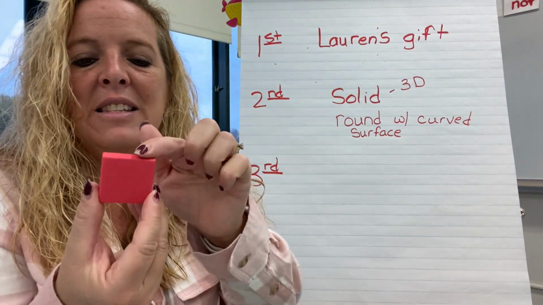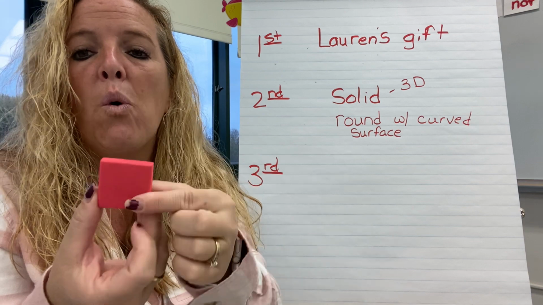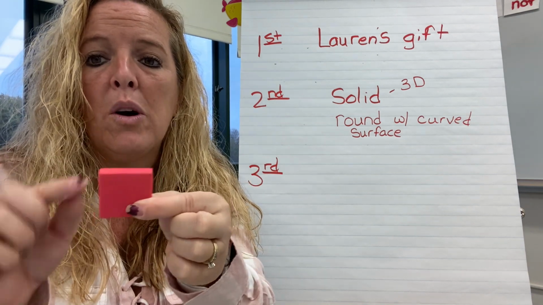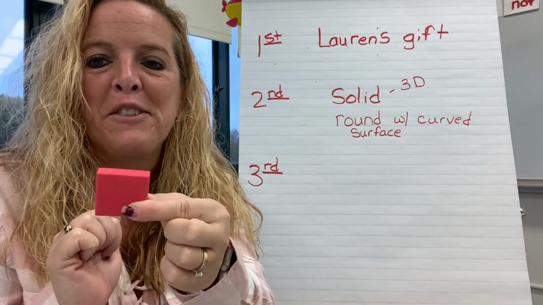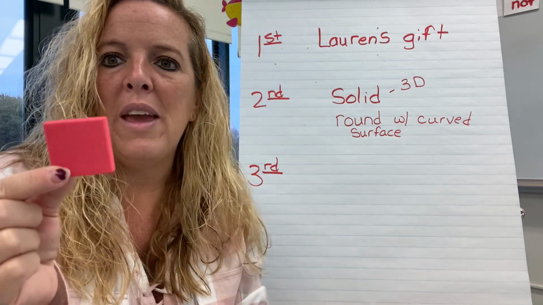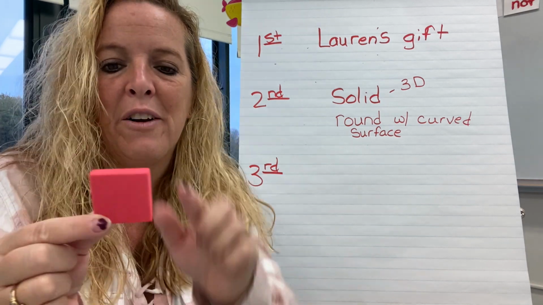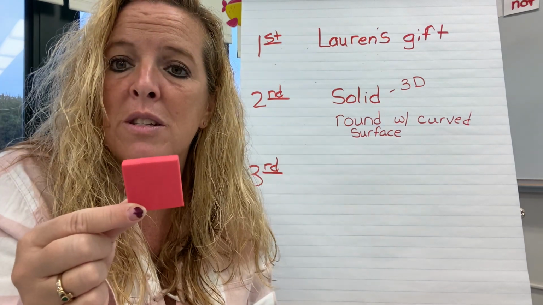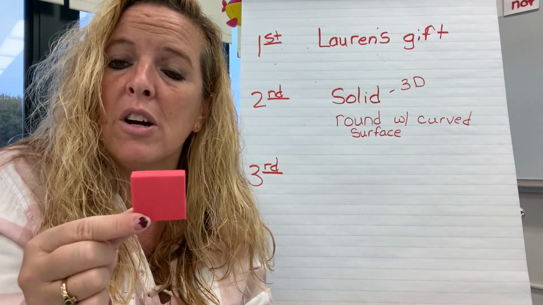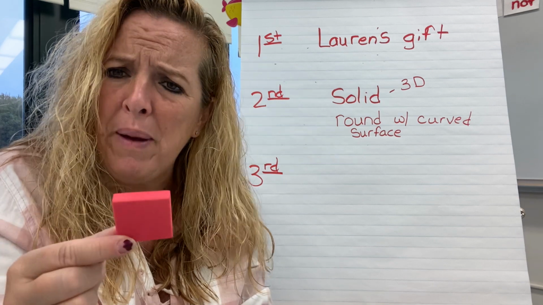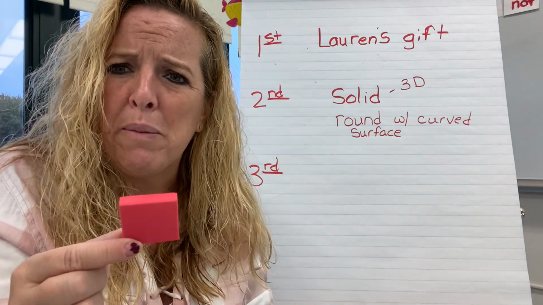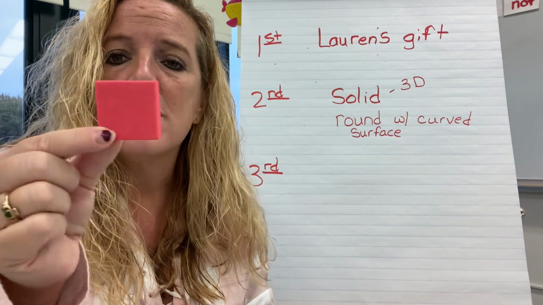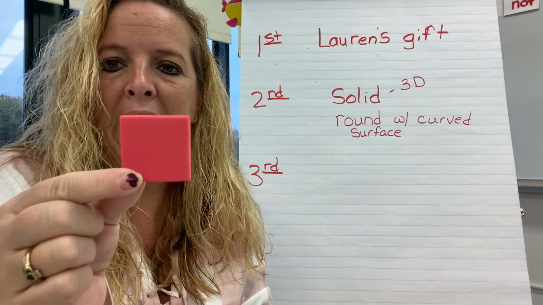Okay, I see 1, 2, 3, 4 sides and 4 corners, which are vertices. Oh yeah, this is a square because they're all the same size. If you still don't know this is a square, think of our character. SpongeBob circle pants? No. SpongeBob rectangle pants? No. SpongeBob square pants, square.